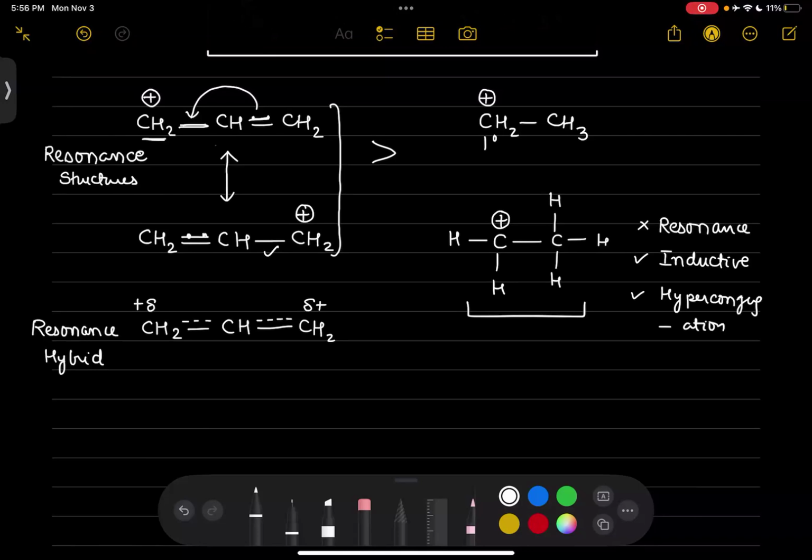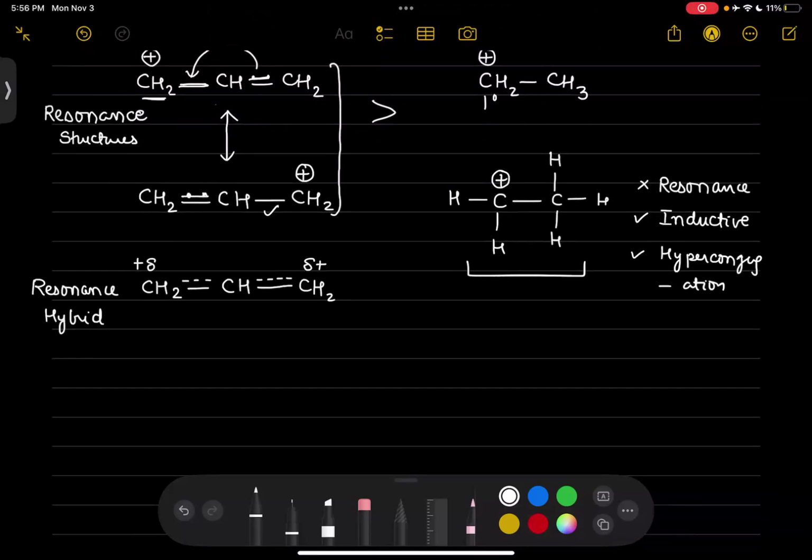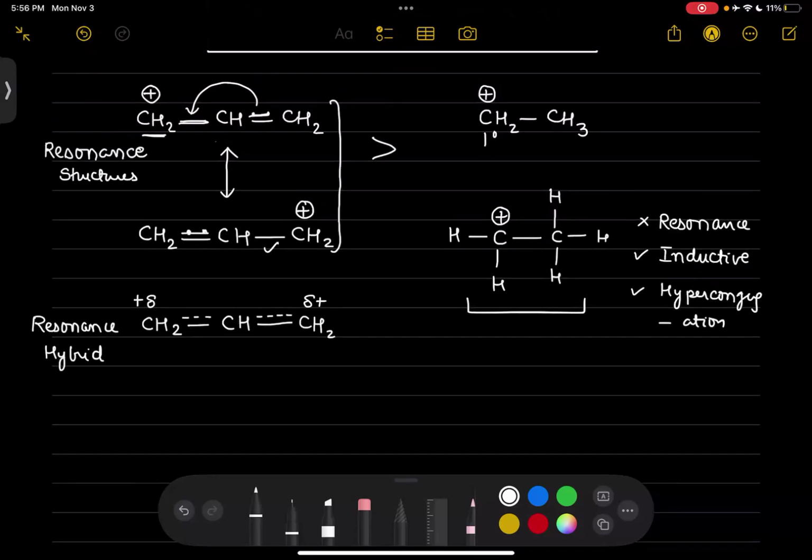Is this clear? Resonance cannot happen, but how can hyperconjugation and the inductive effect happen? Can you explain to me how I should show the inductive effect and how I should show the resonance effect?